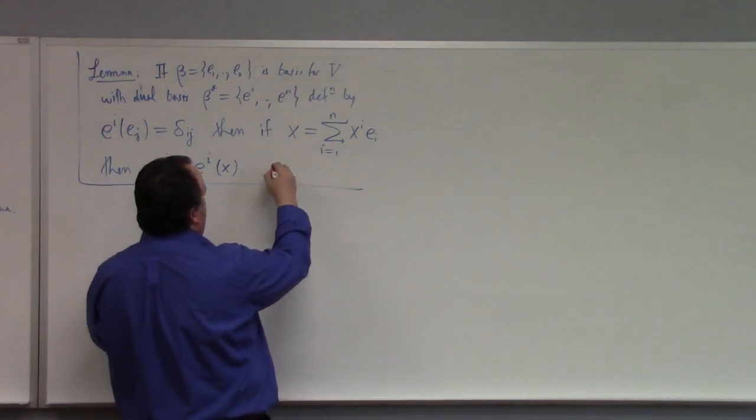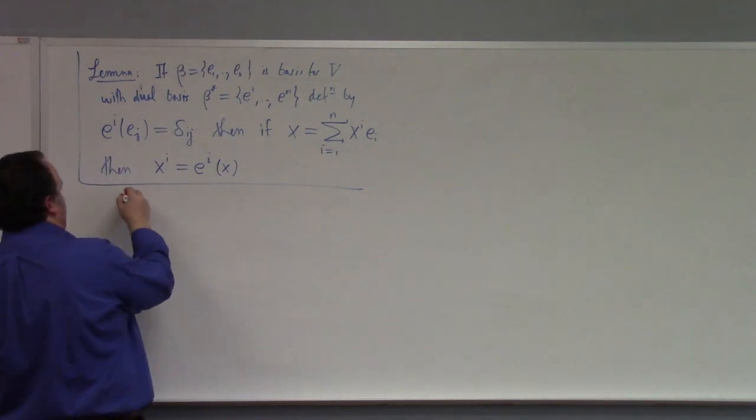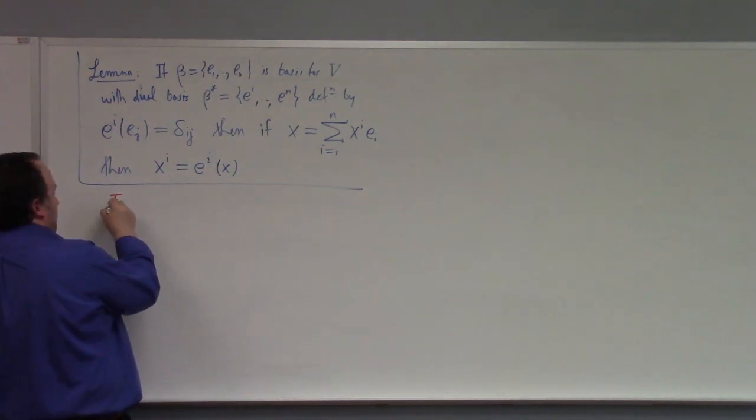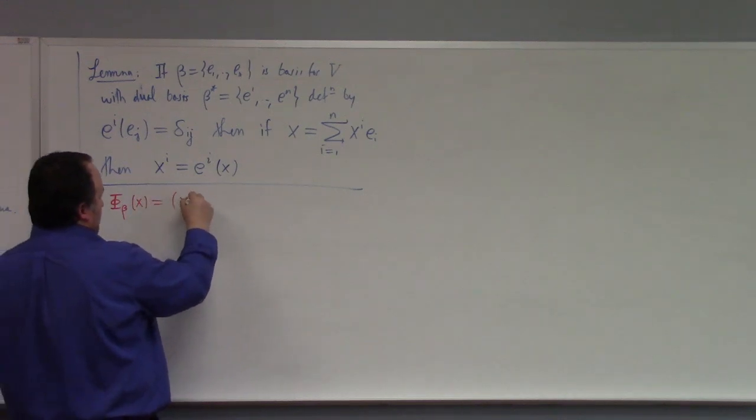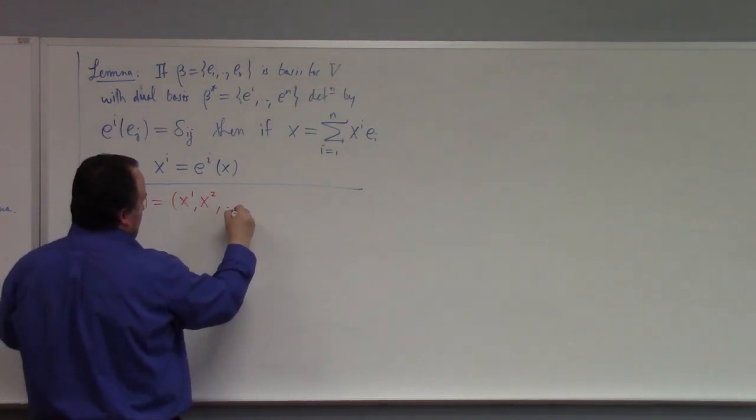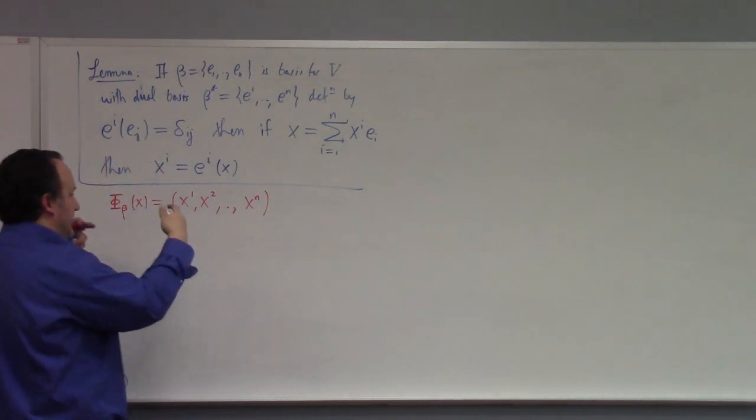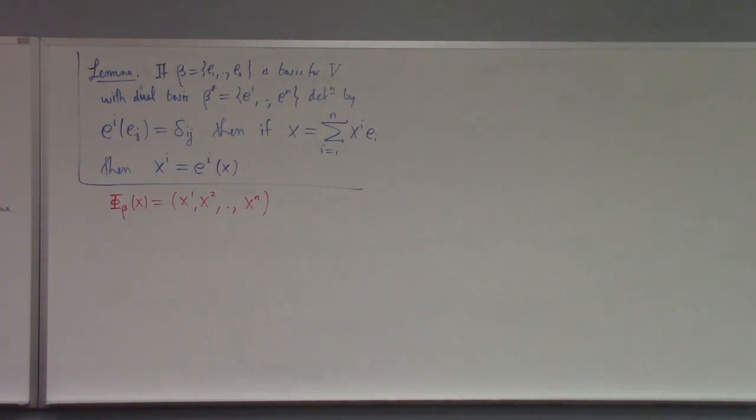Remember the coordinate map? So, side comment here. We had this notation before, like phi beta of x was equal to x1, x2, through xn. That's the coordinate vector of x with respect to the beta basis.